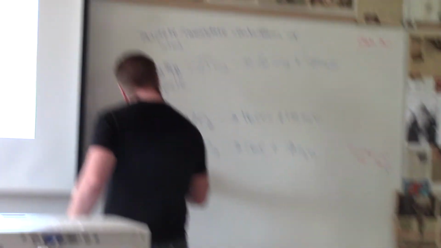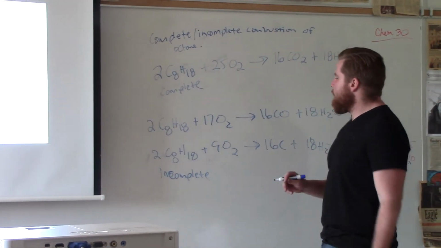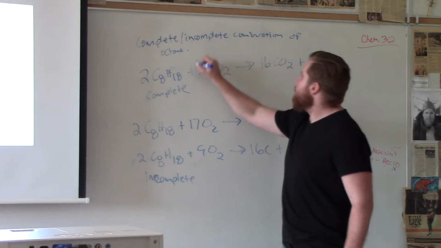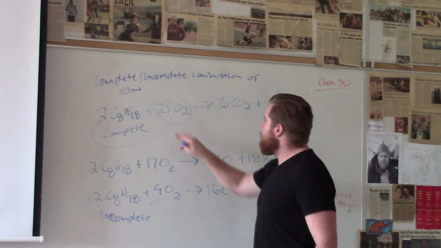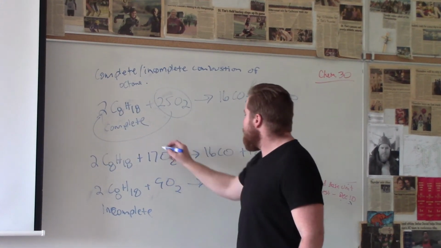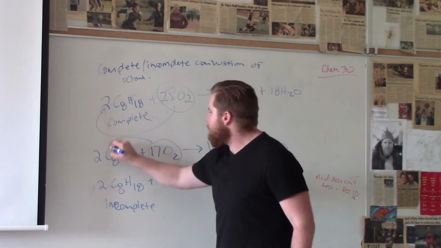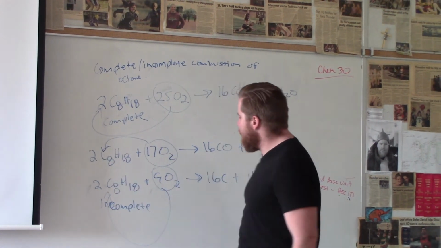Now here's the deal. If you look at the oxygen to hydrocarbon ratio, there's much more oxygen available in complete combustion to burn that octane. There's 25 oxygen molecules for every one octane molecule. But with these, you only have 17 molecules versus 9 molecules here.